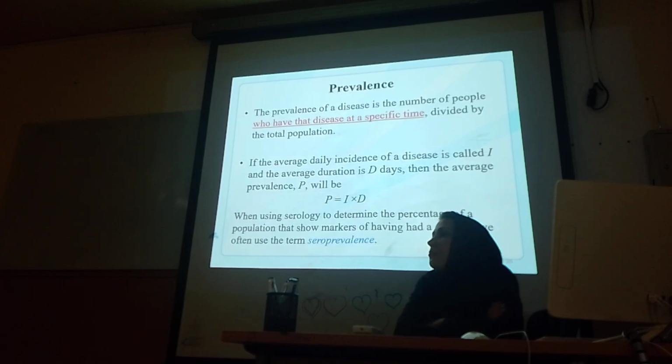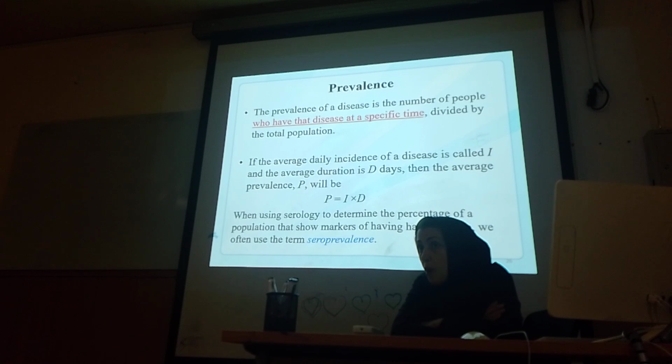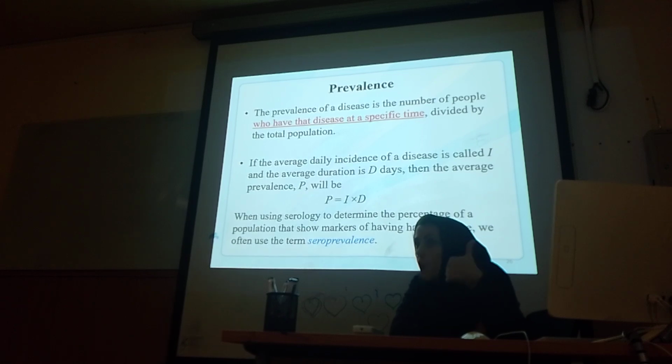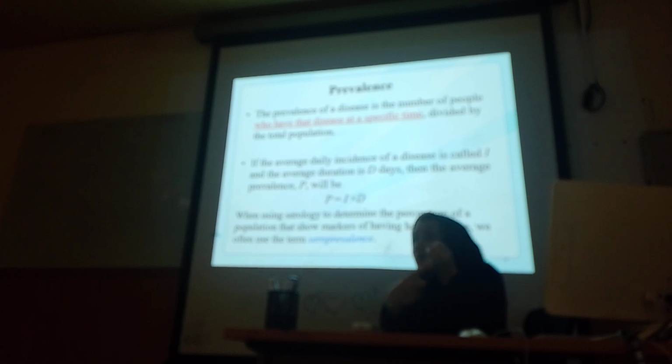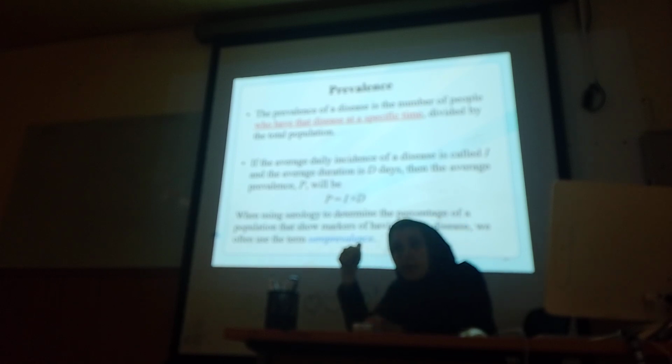But how about prevalence? Incidence was the number of new cases. But prevalence is the number of diseased people who persist in the society, old and newly diagnosed.